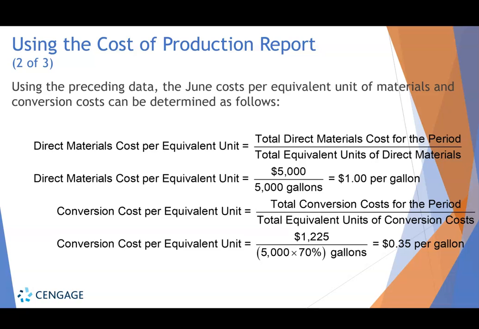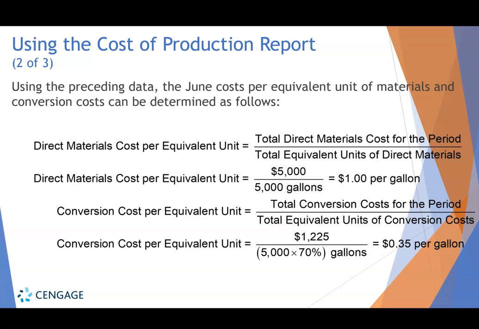Using that information, the June cost per equivalent unit of materials and conversion costs can be determined here. We show the direct materials per equivalent unit. The $5,000 divided by 5,000 gallons gives us $1 a gallon. For conversion cost, we take the $1,225, which is the 70% of the gallons.